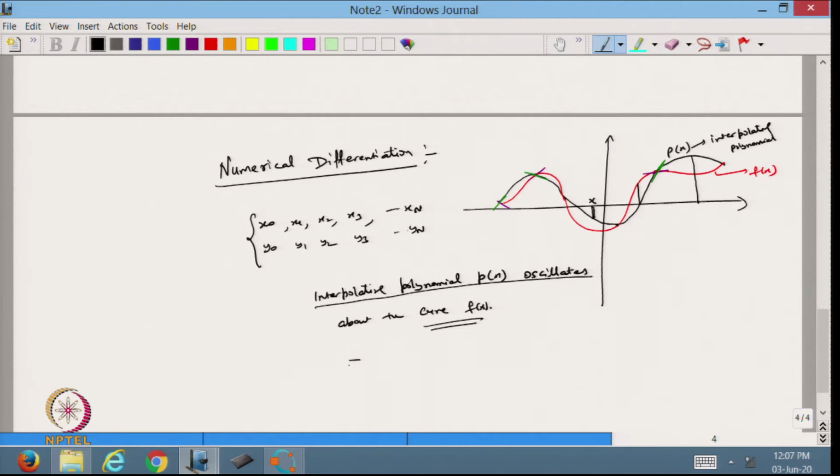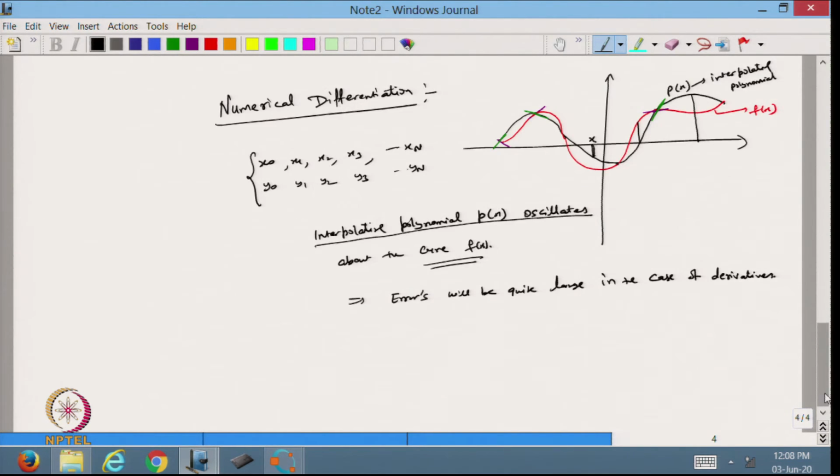So, in this case I can say that the errors will be quite large in the case of derivatives. Now, based on this, how do we find the value?